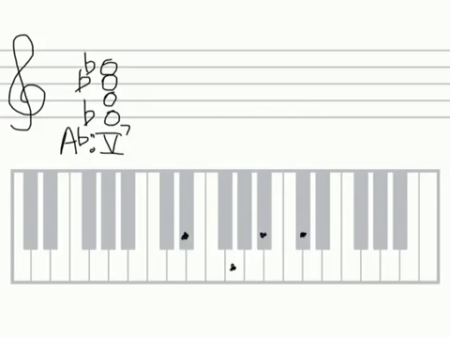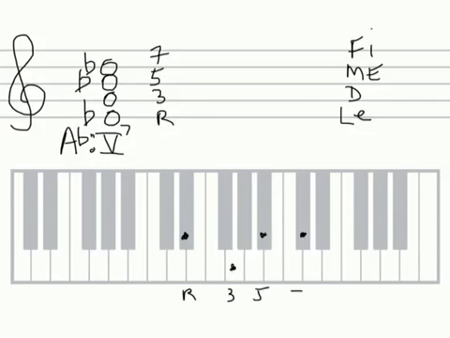So what happens when you respell enharmonically is that the root, third, fifth, and seventh of the 5-7 chord become the lay, the do, the me, and the fi of the German. So if we look down here, we have root, third, fifth, seventh on the piano. That's going to become lay, do, me, fi.